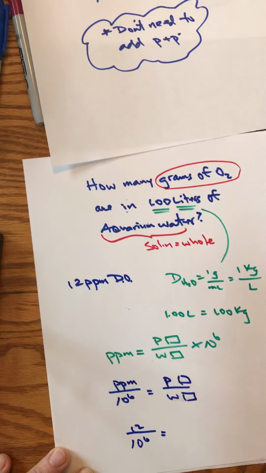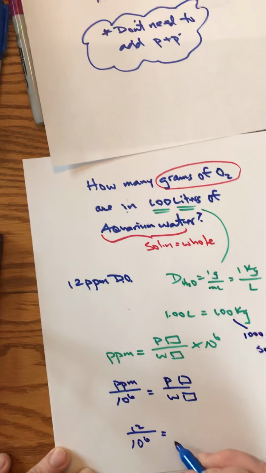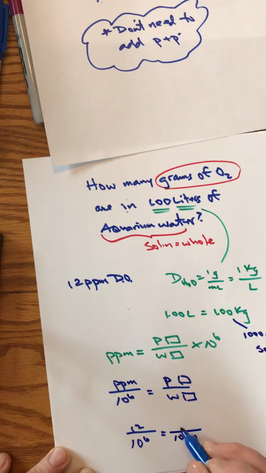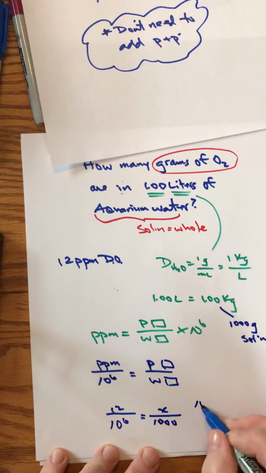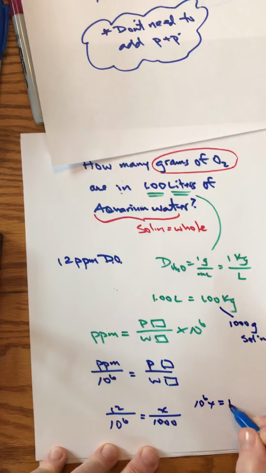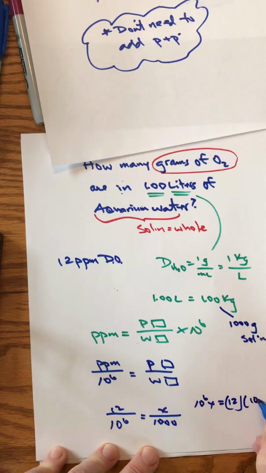And if I want to work in grams, well, there are 1,000 grams of solution. That's the whole. So I'll put 1,000 down here and put X up here. Okay, this is the algebraic solution. We'll do it dimensionally next. Cross multiply. A million X is 12 times 1,000.